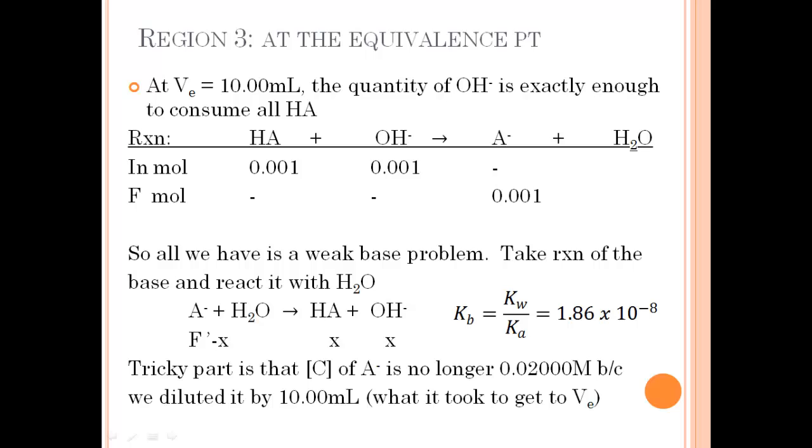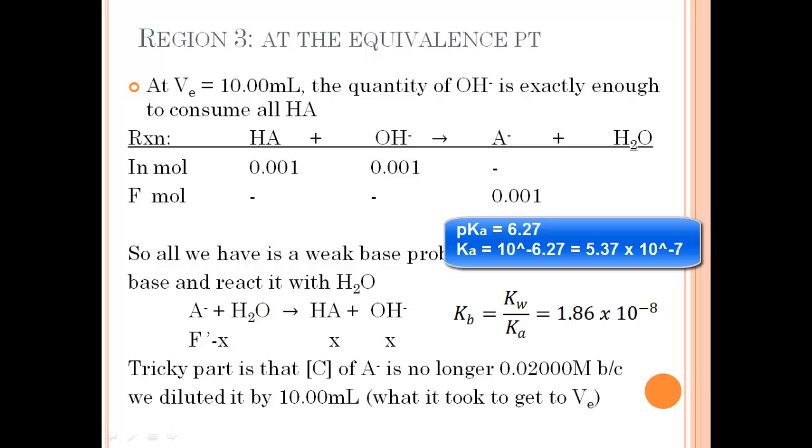So you do the same thing that you did before for region 1, but now it's a weak base. So it's the opposite, right? We have the reaction of a base with water. So your A minus plus water, conjugate base plus water, is going to be converted to HA plus OH minus. But remembering now that since this is a weak base, you have to convert that Ka to Kb.